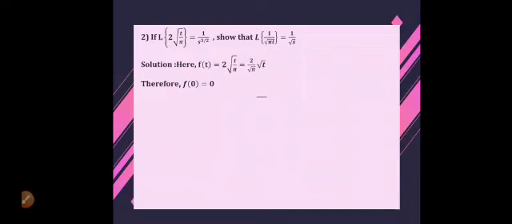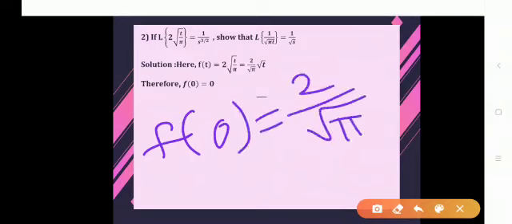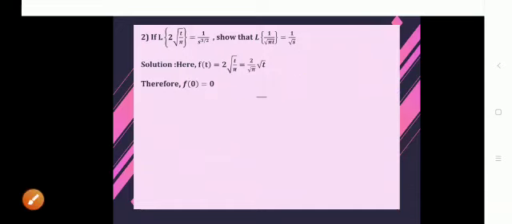Now see here, f of 0 is equal to 2 upon root pi into square root of 0, which is 0. So this term is 0. So 0 into any real number, answer is 0. So here you have f of 0 equal to 0.